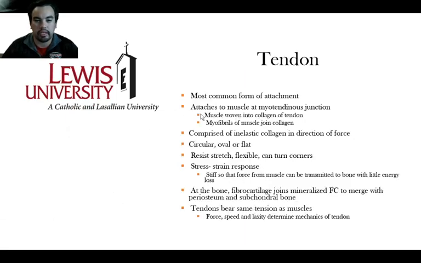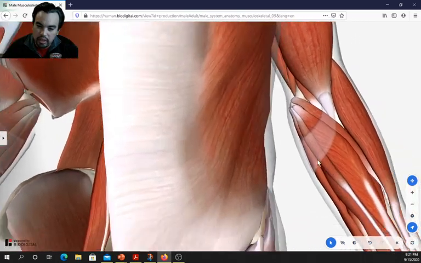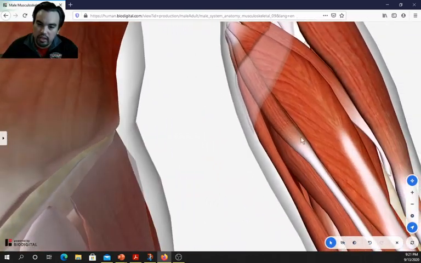So tendons. If we look at tendons themselves, they're the most common form of attachment within the body, from muscle to bone. They create in the muscle this muscular tendinous unit, and that's where, you see here, this tendon starts turning a little bit broader, going from that focal cord into a broad piece, and then it starts becoming a little bit less connective tissue and a little bit more muscle, and that's what we call the myotendinous junction.